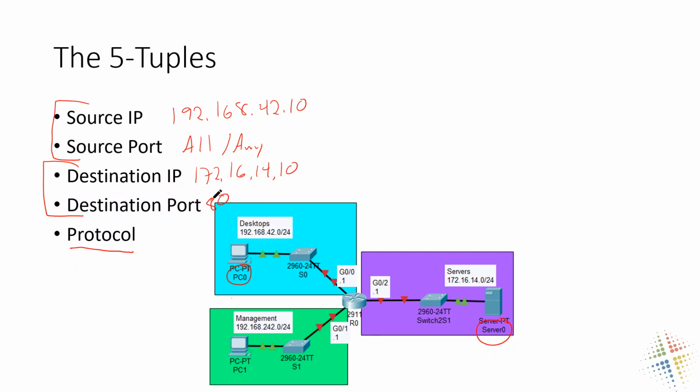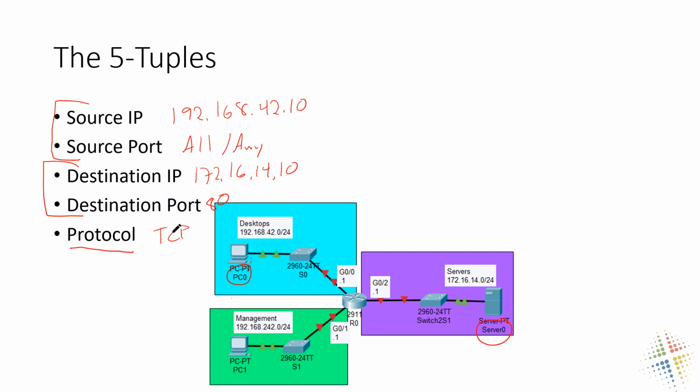And then the protocol in this case would be TCP. TCP port 80 is what's generally used for HTTP or web browsing. So by coming up with these 5 tuples, we can look at any flow of traffic in our environment to determine whether we should allow or deny.